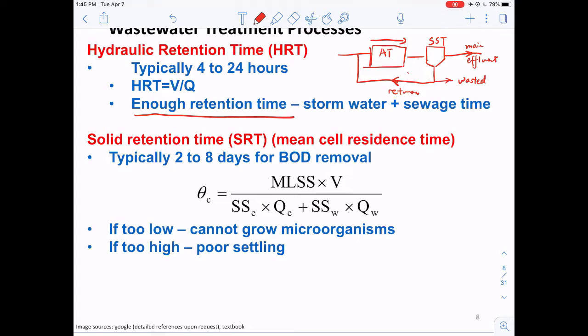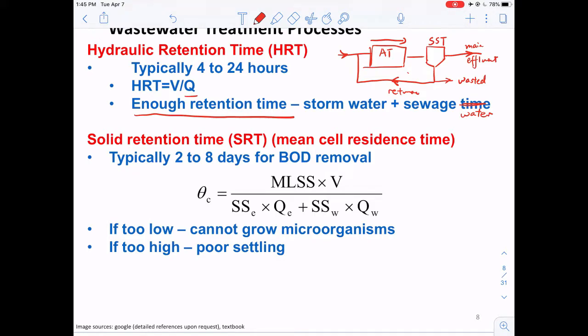We also want to guarantee that there is enough retention time. This is because for a lot of wastewater treatment plants, the storm water and the sewage water are mixed. So during storm time, we generate a lot of storm water, and that bumps up the flow rate into the aeration tank significantly.